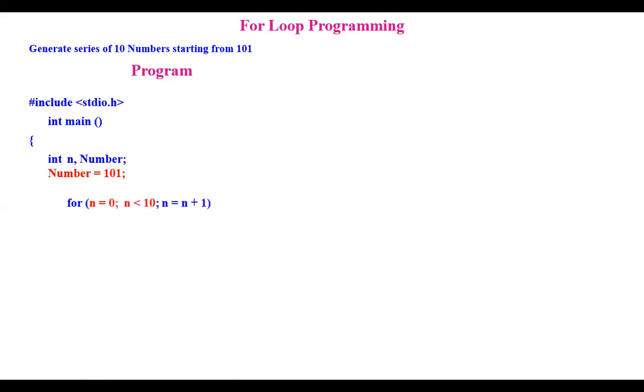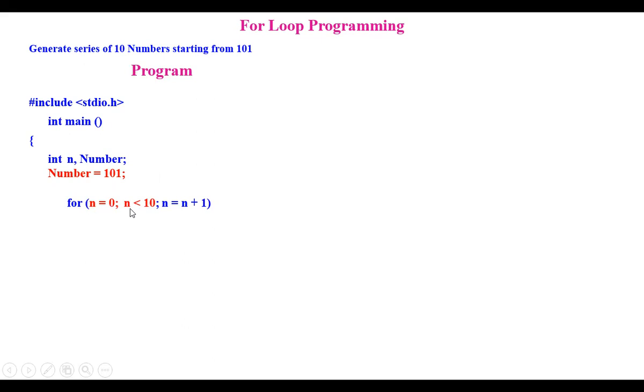Now, the loop should be continued for 10 times. Here I started with 0. N is equal to 0. Earlier we started with 1, but now we started with 0. So we should be careful in running this loop. How many times will this loop be continued? N is given not less than or equal to here.